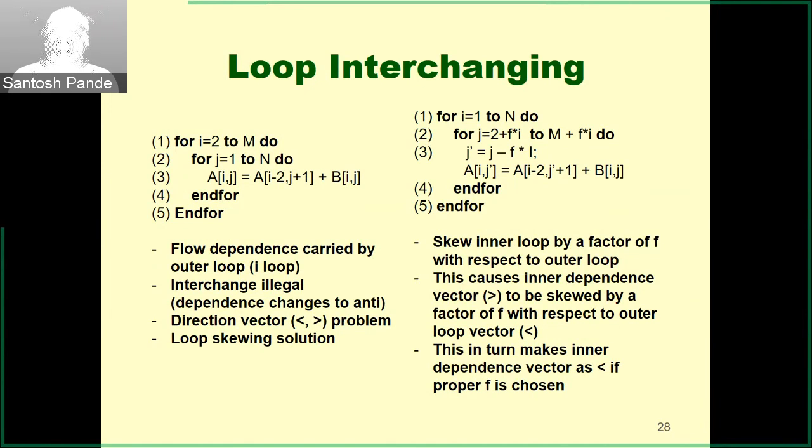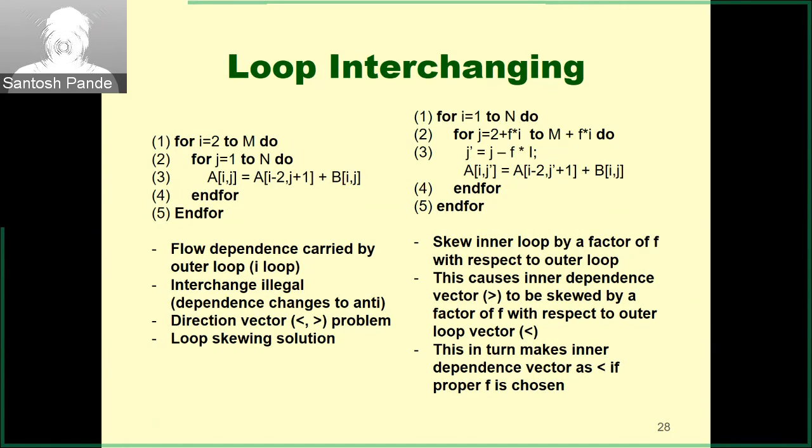Now you may say, okay, why don't we do one thing? Let's reverse the direction of this greater than to a less than. Is that possible in this particular loop nest? Because the dependence is anyway carried by the outer loop, which is the I loop, let's reverse it by carrying out reversal. Instead of going from 1 to n, let's go from n down to 1.